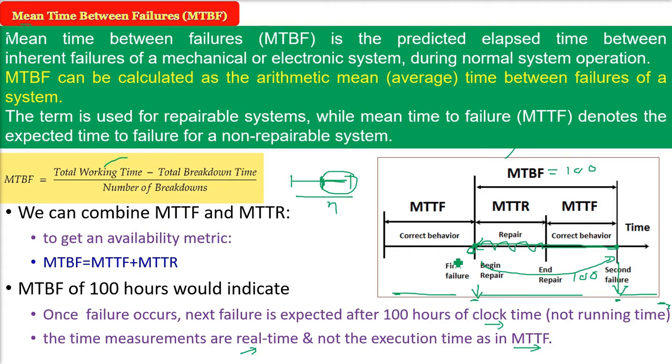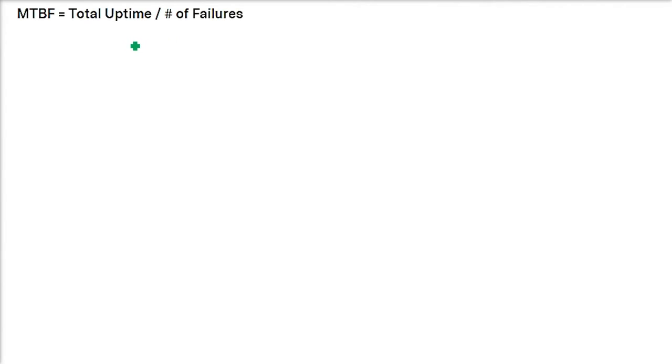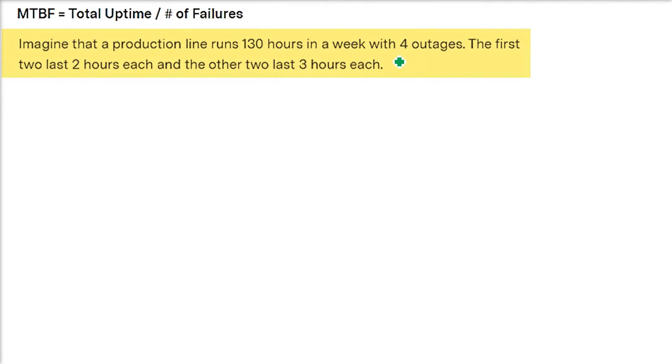Now let us take an example to understand MTBF. This is the total uptime divided by the number of failures. Imagine that a production line runs 130 hours in a week with 4 outages. Means in whole 130 hours, there are 4 times it failed.